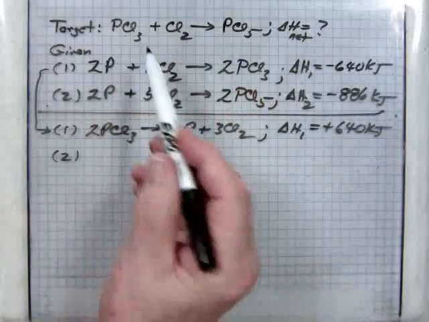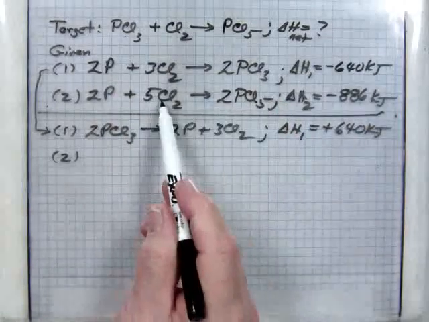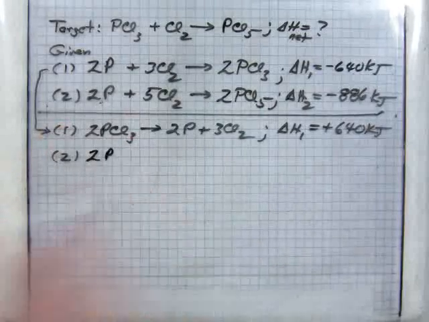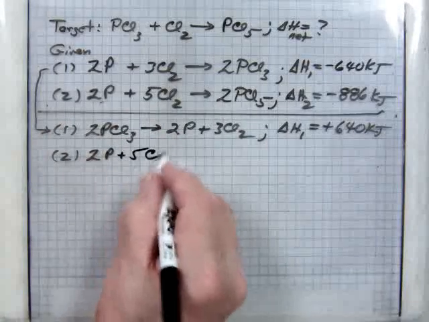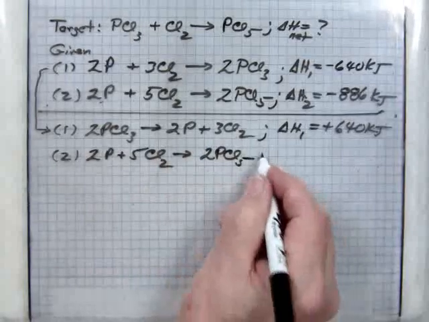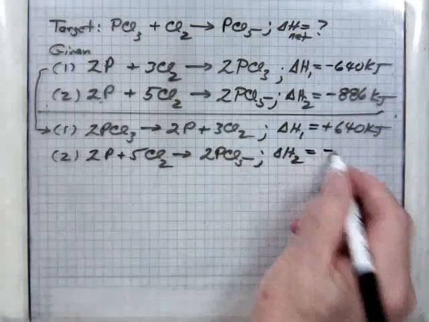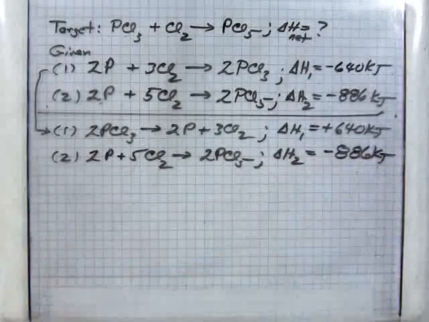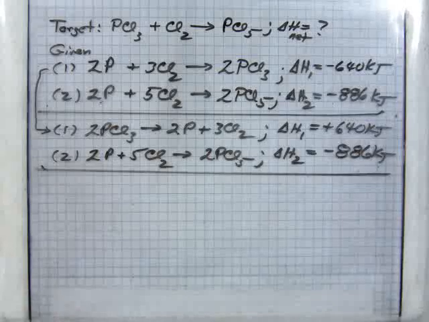So we see PCl5 is on the right side, so we'll leave that, and we want chlorine and phosphorus, so we'll just rewrite the second equation as given. Can we add it together now and get the target reaction?